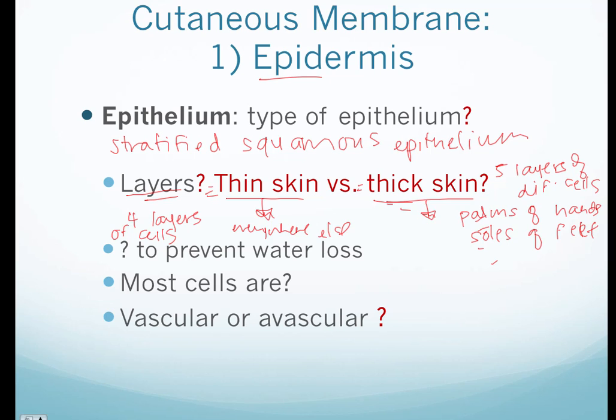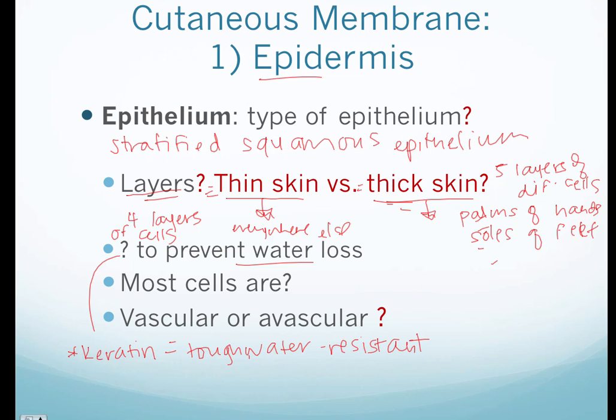Now, what's important about this epidermis is that it contains a protein called keratin. Keratin is a protein that's tough, water resistant, and it prevents water loss.